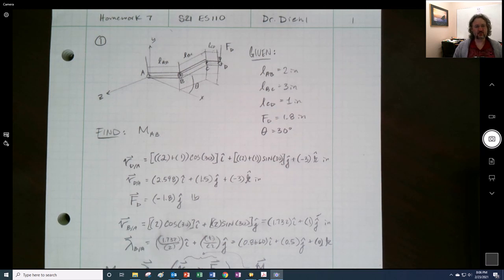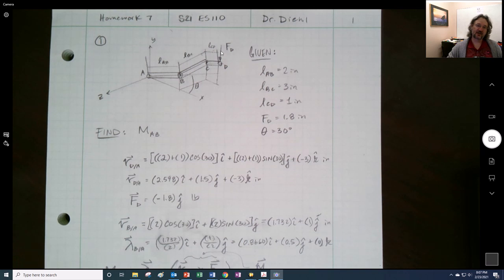Is there a shorter way to achieve this? I think if I took this force and I only took the component of it that was perpendicular to this line, and then I just multiplied it by this length right here, because that's the only thing that's causing a twist about this, is this length. So I want to get this distance and this force perpendicular.